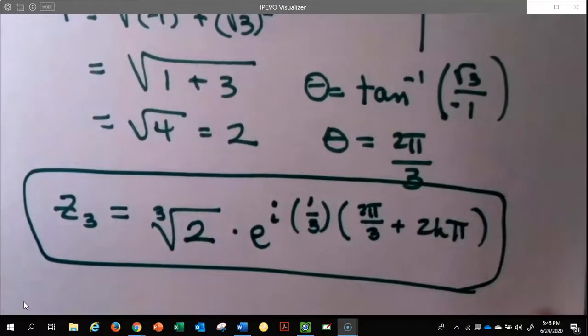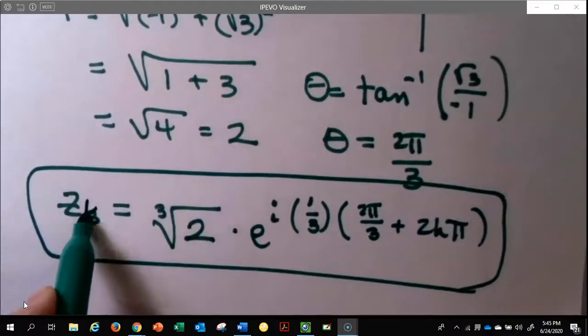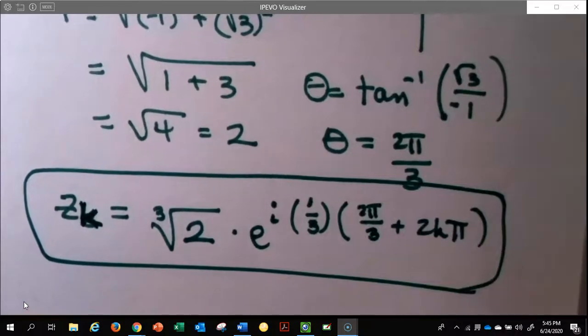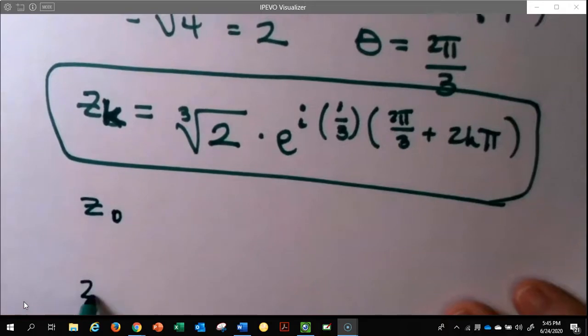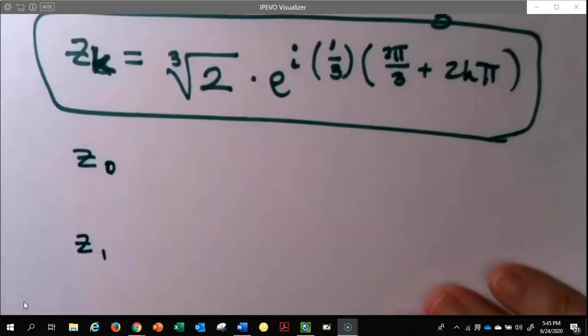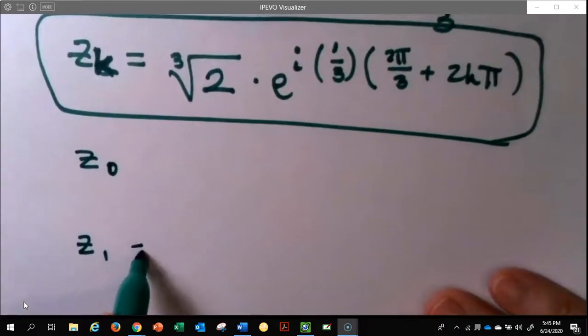And we now have, and I shouldn't have written this way, our z sub k. This is our template. Now we're going to go find z sub 0, sorry y'all, then z sub 1, and z sub 2.